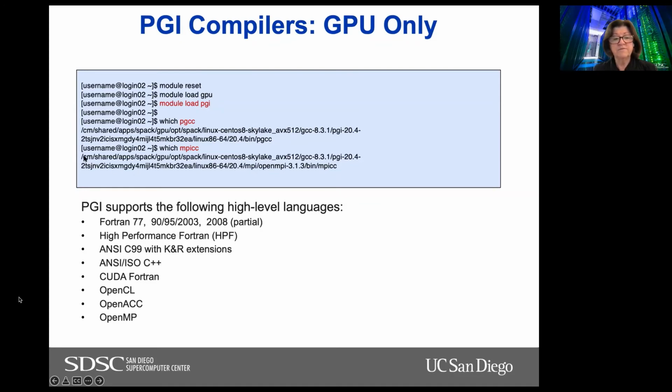Notice they're all in a similar area, but they're all slightly different depending on how the installation goes. The user support people take care of all of that for you. You just have to type module load PGI. If you have some application and you need a customized specific library, reach out to the Exceed help desk to see if they can help you. Maybe it's already there. Maybe they want to install it for the system, or they can show you how to install it locally and access it.